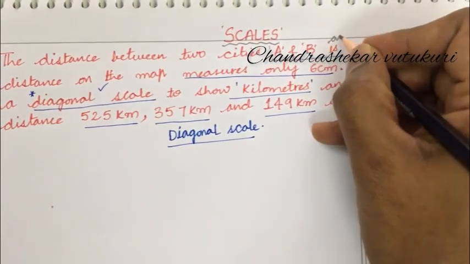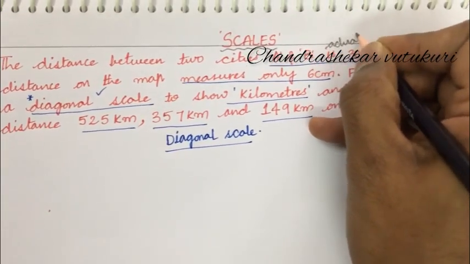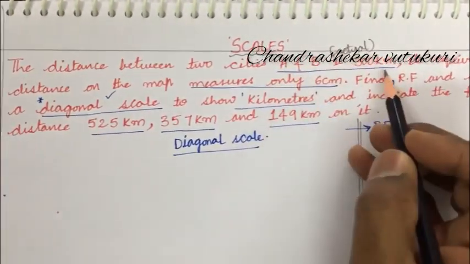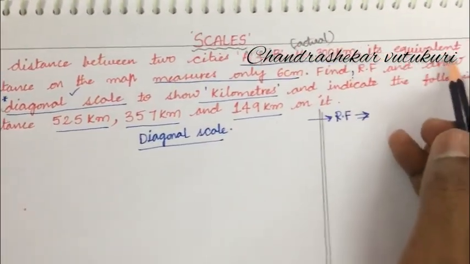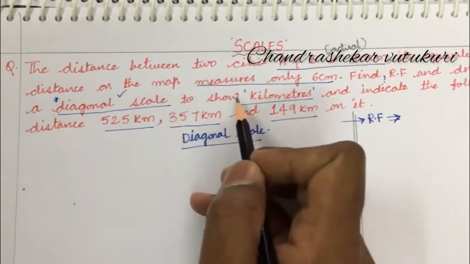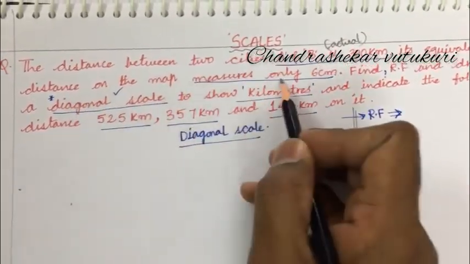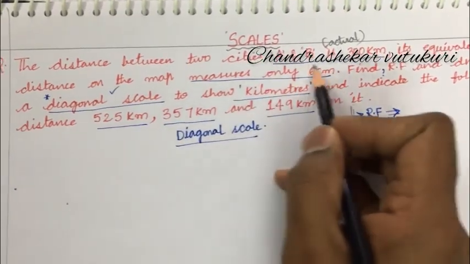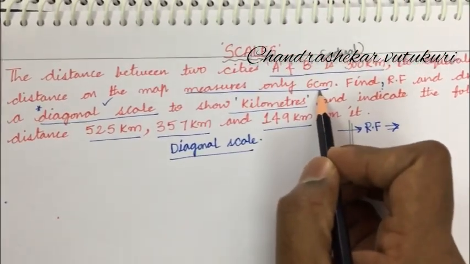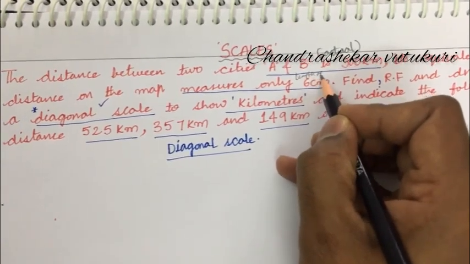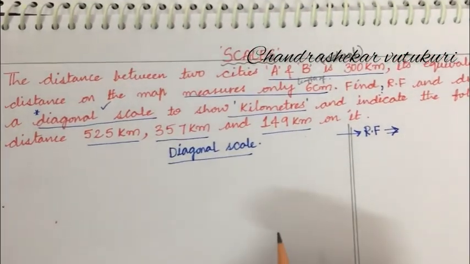The distance between A and B is nothing but the actual distance. Its equivalent distance on the map, which you are going to draw on the paper, measures 6 centimeters. That means this is nothing but the length of the drawing on the scale.